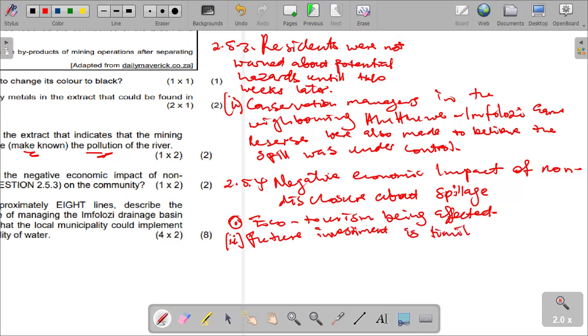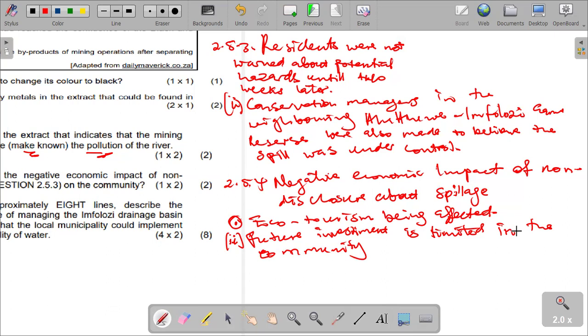Future investment in the community is limited because people will be afraid of this scenario.